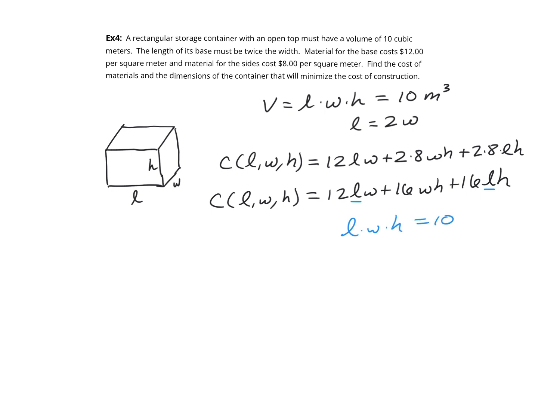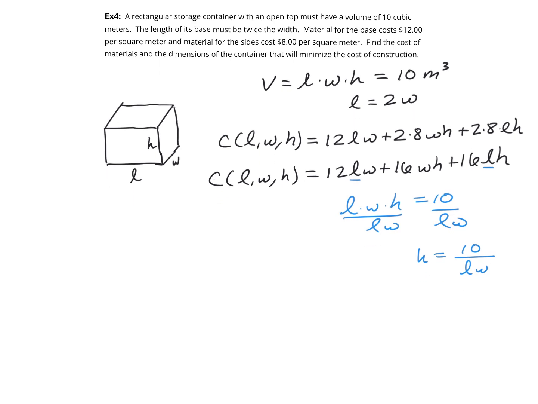And if we divide both sides by L and W, we know that H is equal to 10 divided by the product LW. And then we know that we can replace the L with 2W. So we actually have 10 over 2W squared for the height. So we can now take our cost function and just have it all in terms of the variable W.